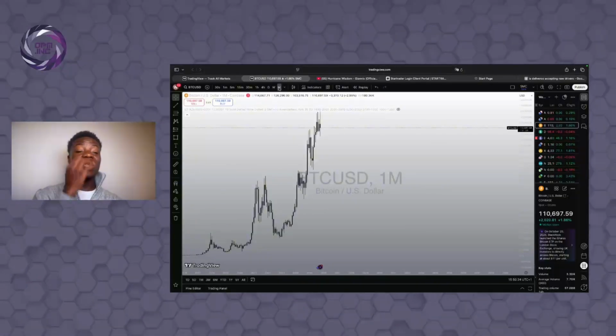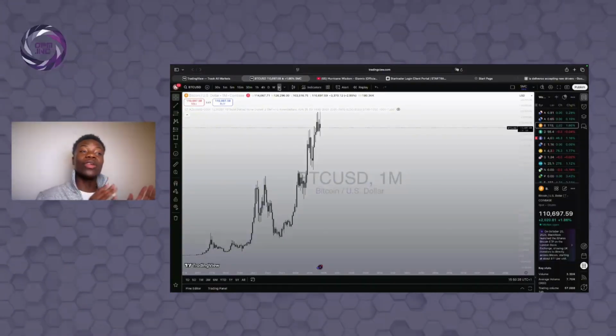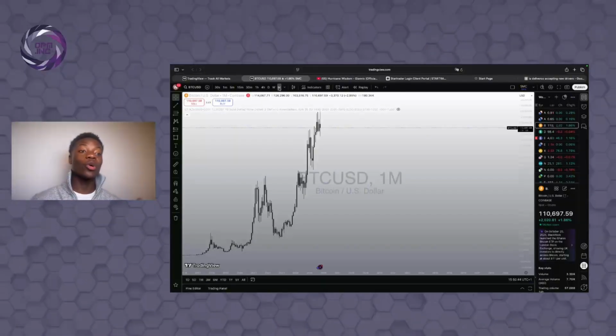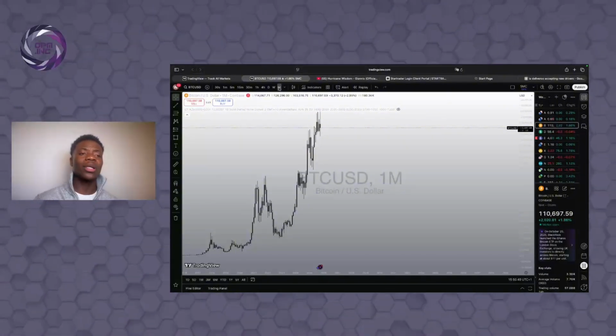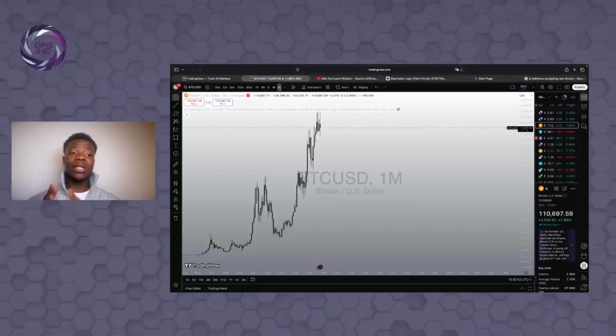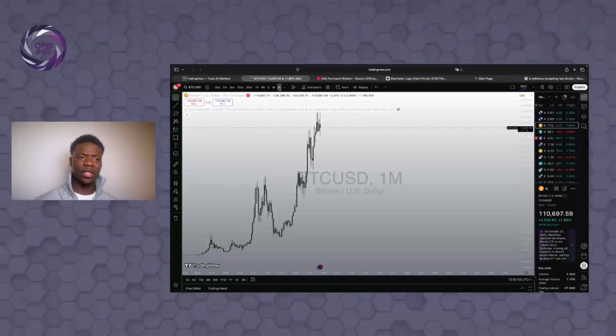The monthly time frame gives you a wider scope of what price has been doing over the last couple of years, or literally the whole history of price. So if you look at the monthly time frame, you're looking at more long term: what's price going to do more long term? When you're looking at lower time frames, you're looking at what price is going to do more short term. You're using the information from the higher time frames to predict what's going to happen in the lower time frames. Do you understand what I'm trying to say?